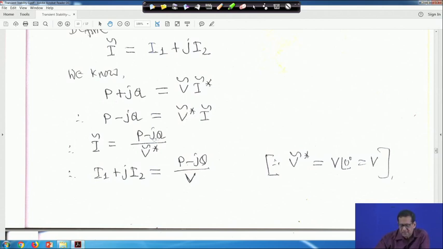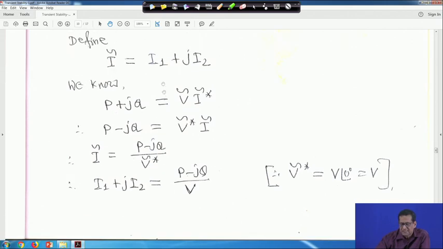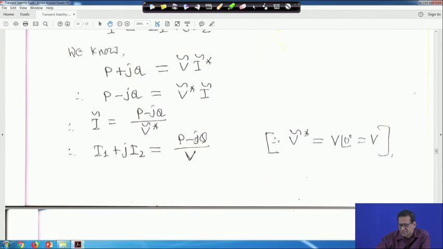So, I tilde is equal to P minus j q upon V tilde conjugate, or I 1 plus j I 2 is equal to P minus j q upon V, but we know that V tilde conjugate is equal to V angle 0 is equal to V. That is why this one we have directly written as V. This is actually V as a reference. If we take it, it makes our computation easier, right. So, it will be P minus j q upon V, right.